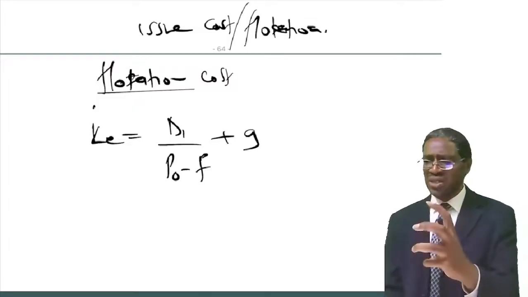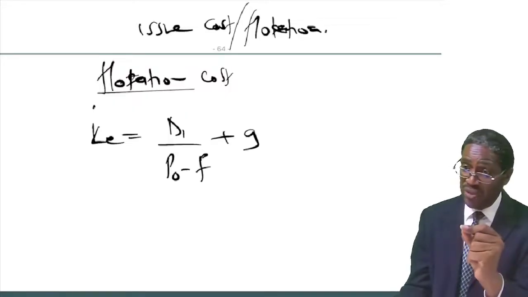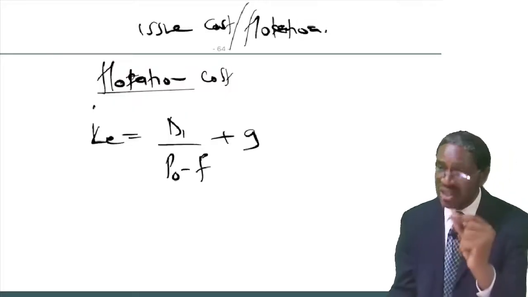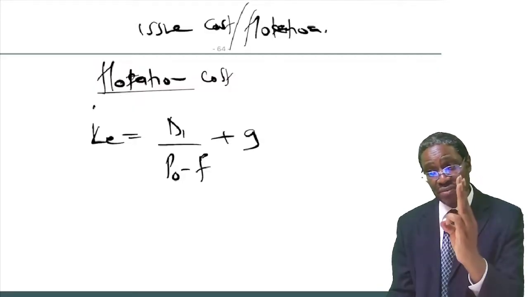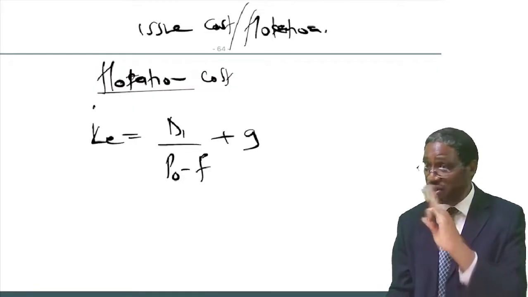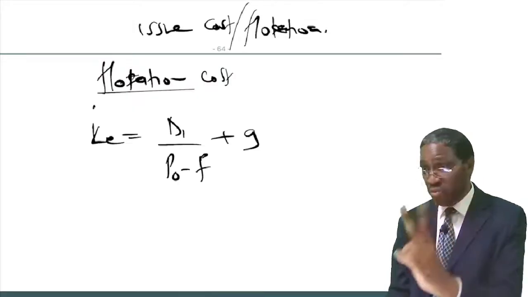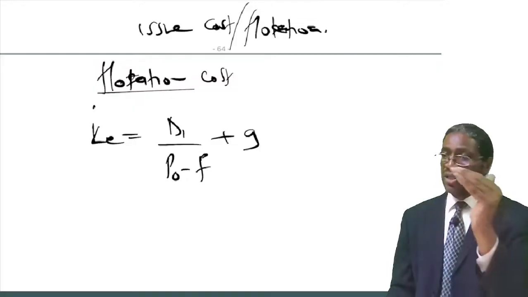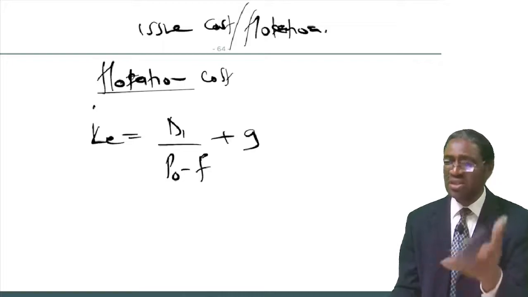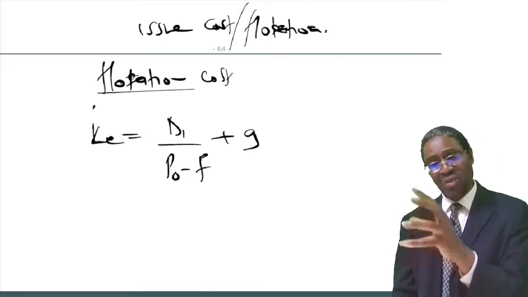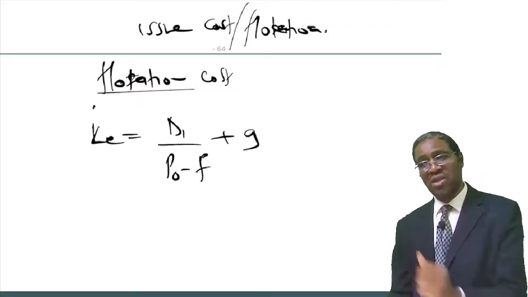So I've discussed how to compute the cost of ordinary share capital, either using the dividend price model, where we are expecting no growth; two, using the dividend growth model, which I've also called Gordon's model; three, the earnings yield, the earnings price model.